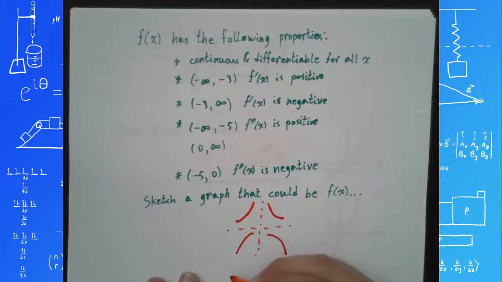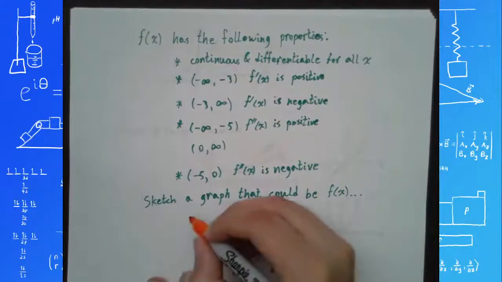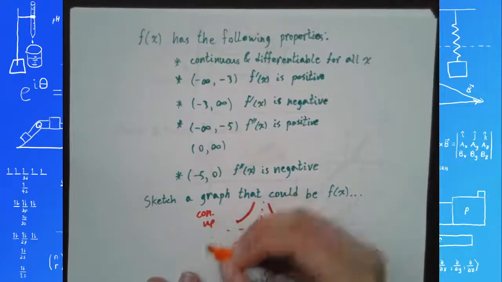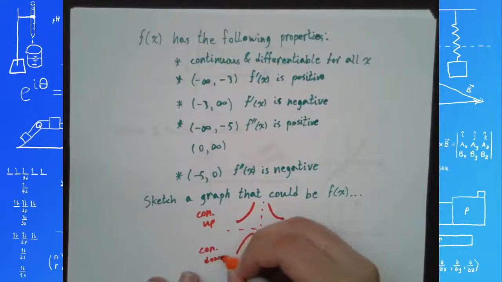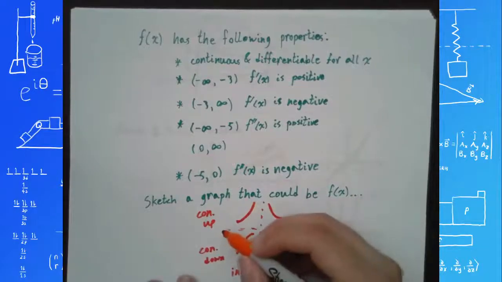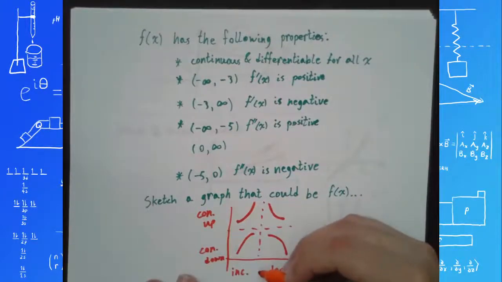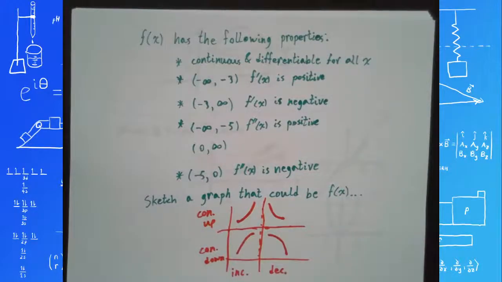So you've got increasing versus decreasing, and concave up versus concave down. That's what you've got.